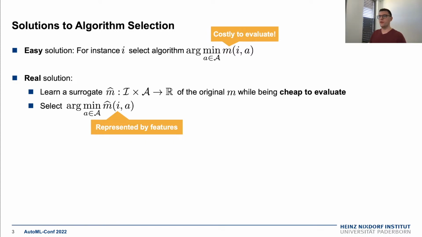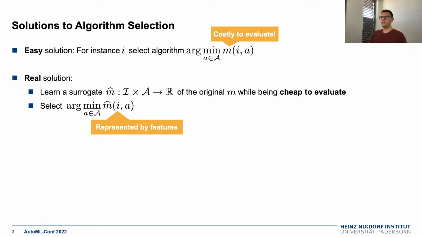That's why the real solution is slightly different. What most approaches try to do, in one way or the other, is to learn a surrogate M hat of the original measure M, which has the same signature, however, now has the property that it's actually cheap to evaluate. And once we have this property, we can do exactly what wasn't possible before, namely the exhaustive enumeration over the set of algorithms, and then just select the algorithm that, according to the surrogate, will perform best on the instance.